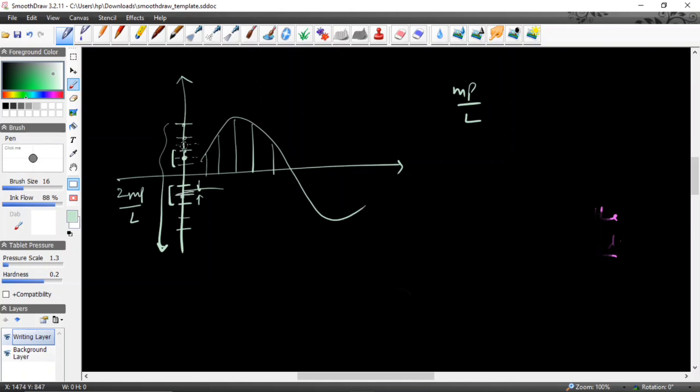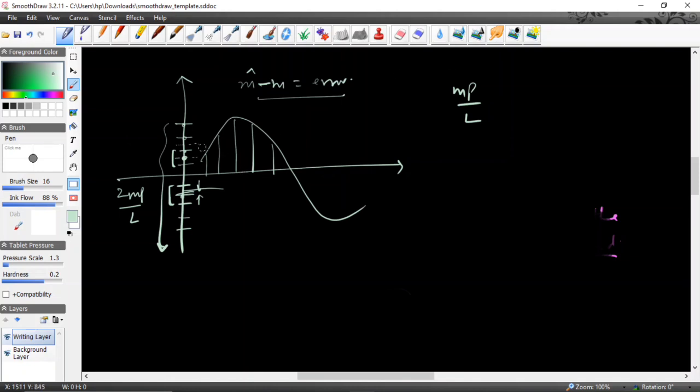If it goes beyond this, in this interval, the maximum error that you can have on either side is MP by L. If I say m is the actual sample value and m hat is the quantized value, then m hat minus m will give you the error. This is called quantization error or quantization noise in PCM.